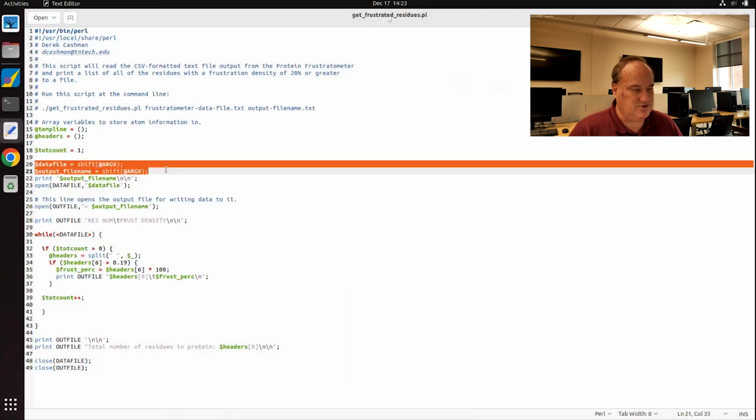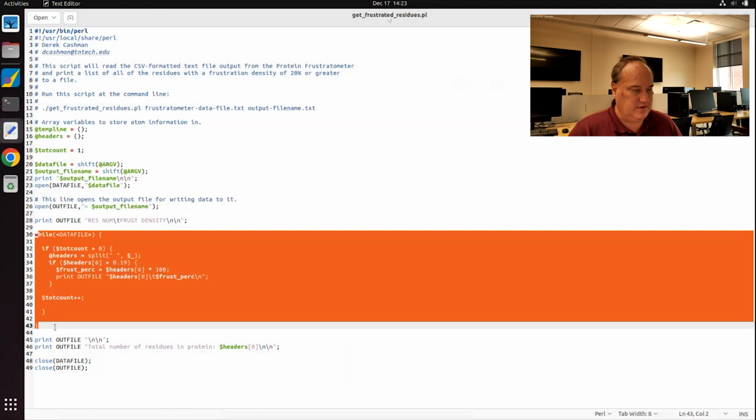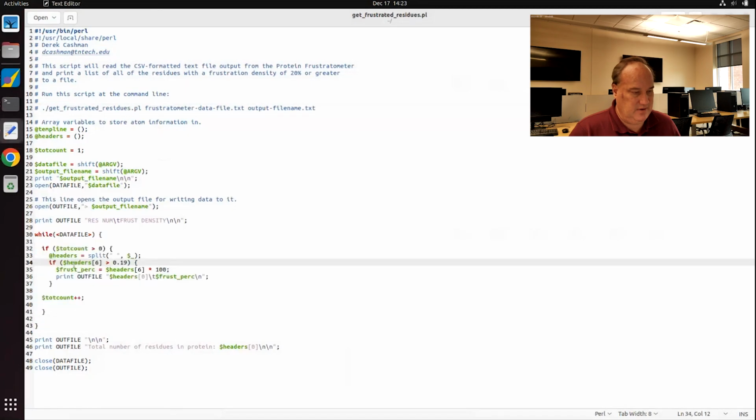The shift ARGV is what reads the information in. And then we open our file names. Most of the good work is done through this while loop right here. If header is 6 in the array, this is where our highly frustrated data is.